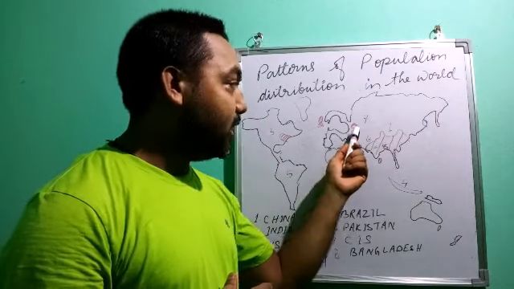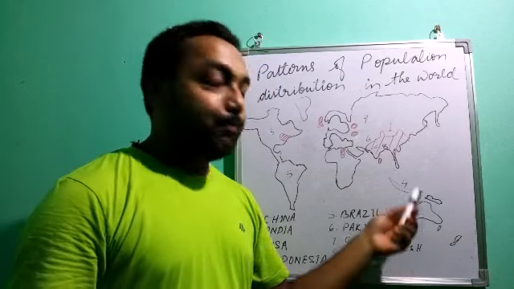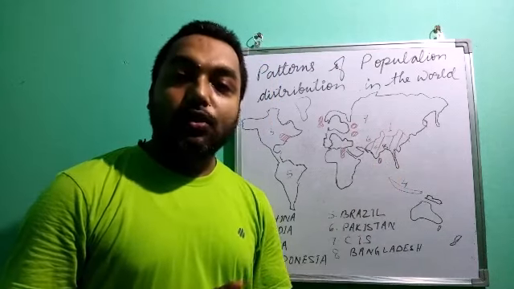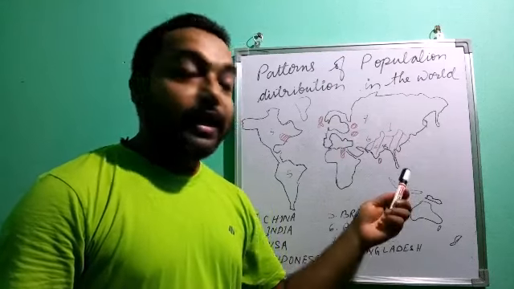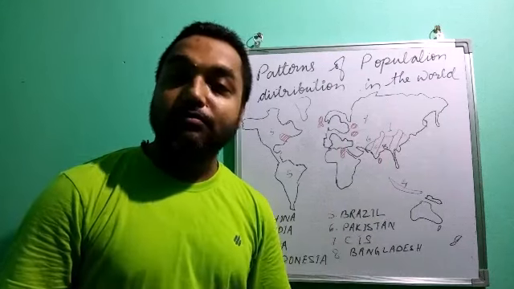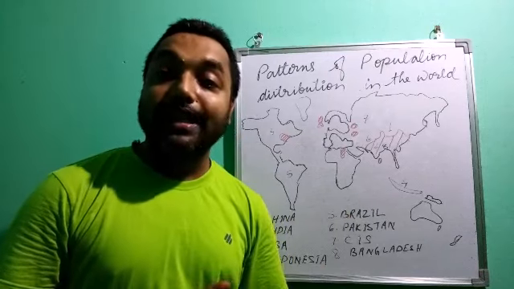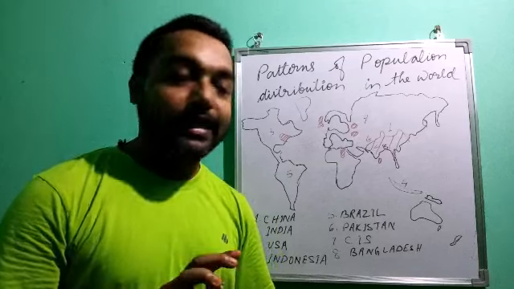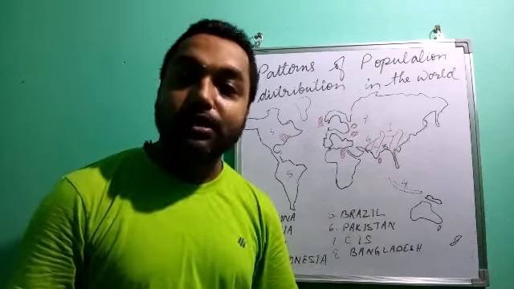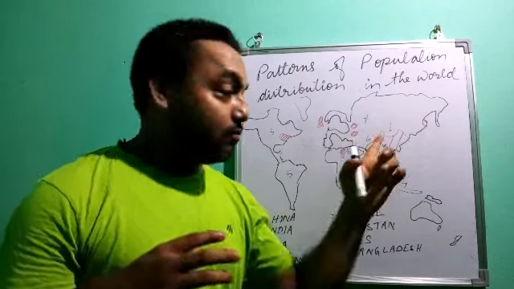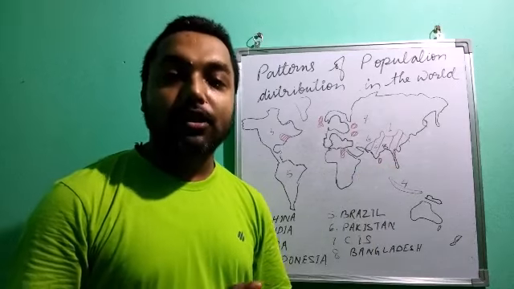So these here are some countries which are very highly populated. Then Bangladesh is here. So from here if we see, these all countries are in the areas where we have found that these areas are very highly populated areas. So the southeast part of Asia, here only there are around 4 countries which are located in this area only.